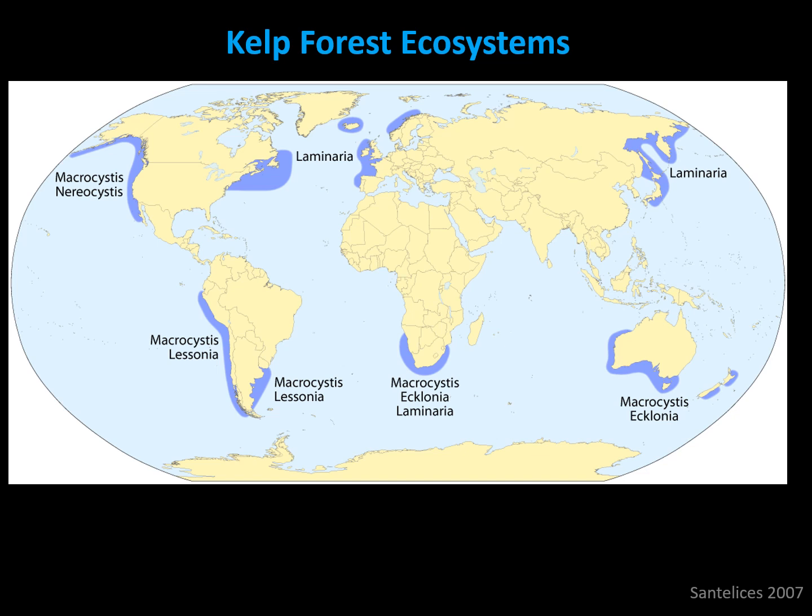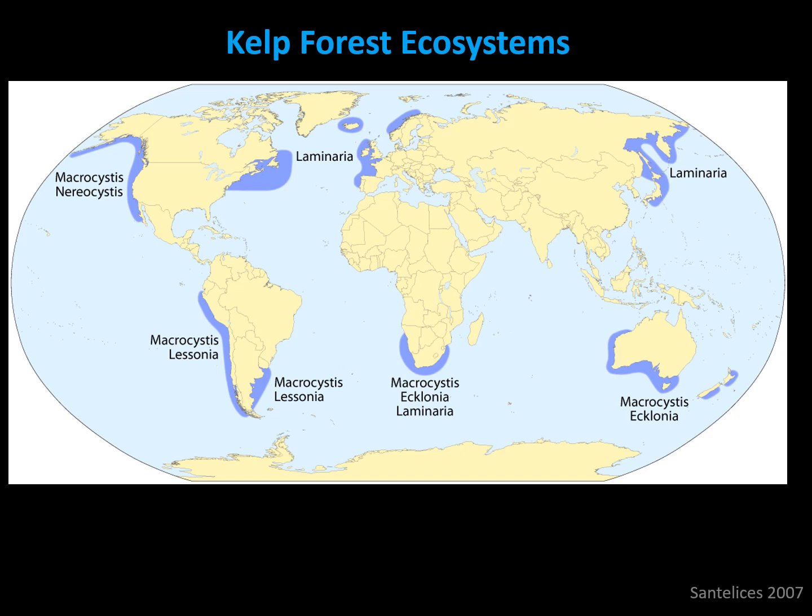And they are very well known for a very high growth rate. For example, species of the genus Macrocystis and Nereocystis are known to grow as fast as half a meter per day, and they can actually reach ginormous heights.